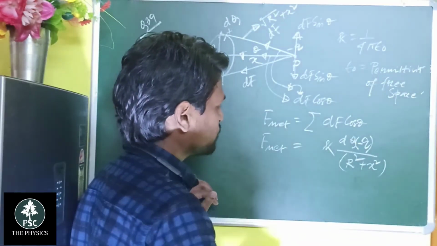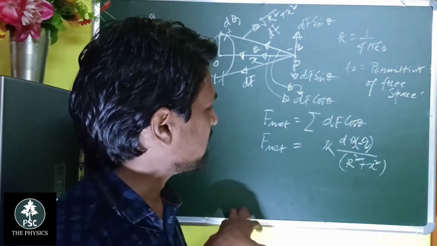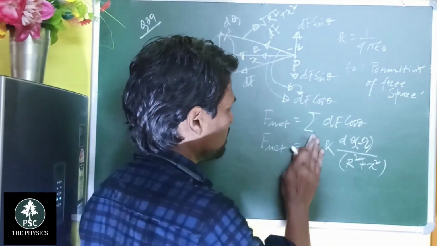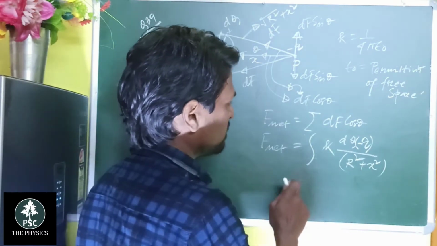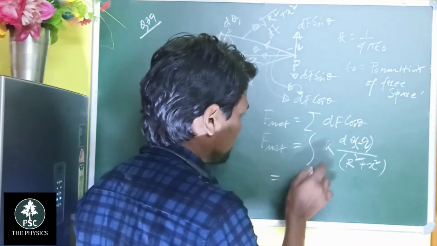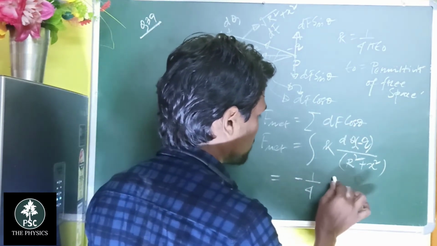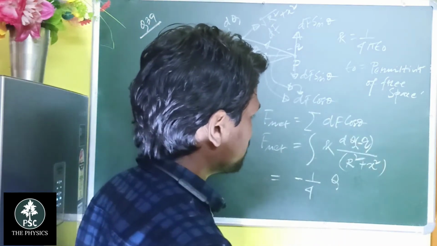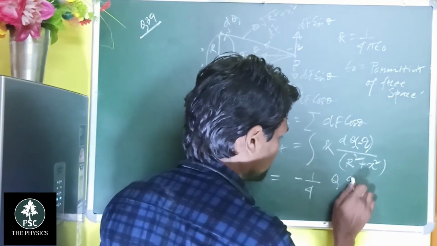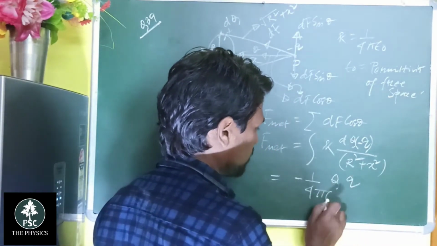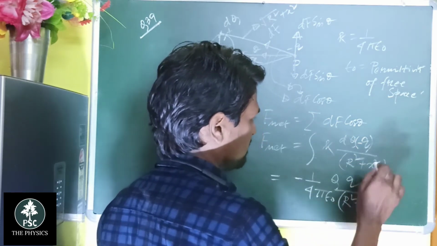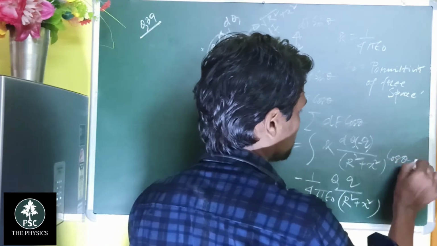So F net equal to kappa dq minus q by r square plus x square, and you have to take an integration. So summation into integration. So kappa means 1 by 4 pi epsilon naught, and you can write a negative sign for that particular one. So 1 by 4 pi epsilon naught, and the integration of dq means q, and the denominator is r square plus x square, and this is cos theta again.